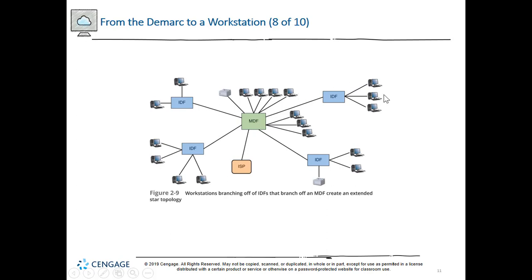It could be too much of a distance, or we just don't want to have 1,000 wires coming into the one area, depending on how big my MDF is, or do I have all my voice coming in here? If this spans over 90 meters, I can't have all this coming in. So there's a lot of different variables that would come into play as to why we would separate our IDFs and our MDFs and not have all the cables in the one building coming in.